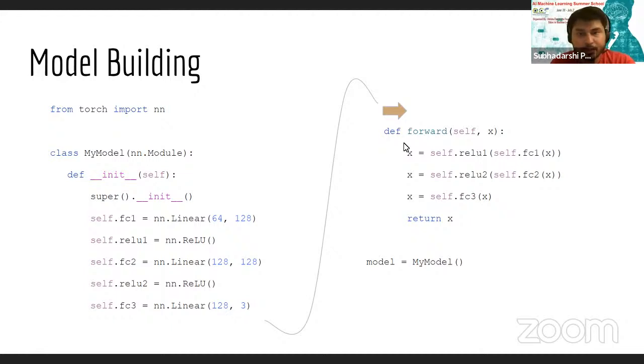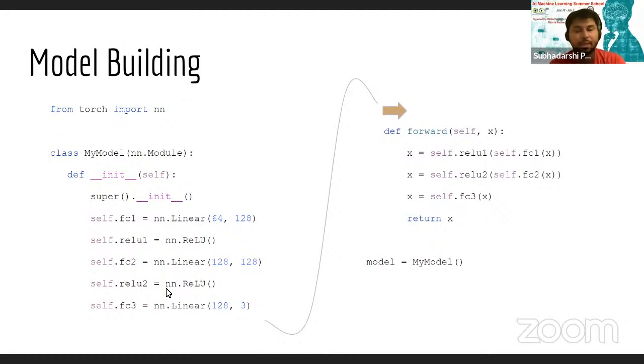Then we have the forward method, which is basically how the data passes through the neural network. We defined a few layers. Actually, we defined two other layers here, ReLU 1 and ReLU 2. These are just nonlinear functions which don't have any learnable parameters in themselves.